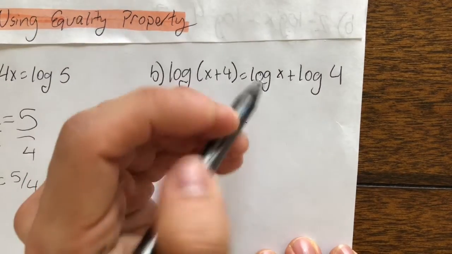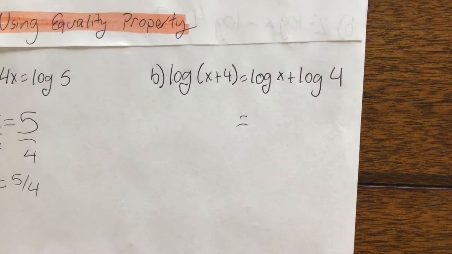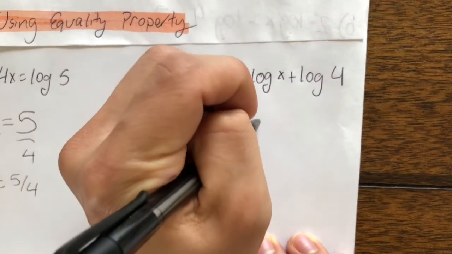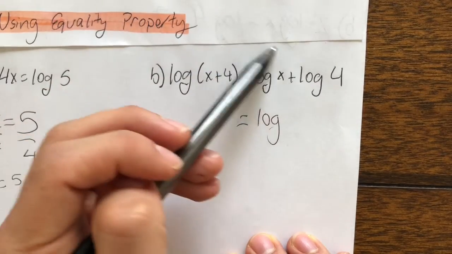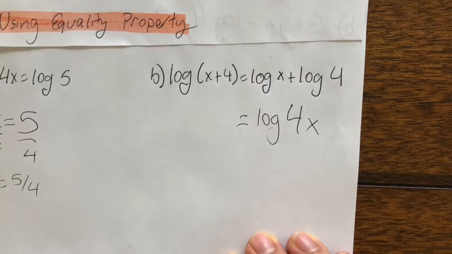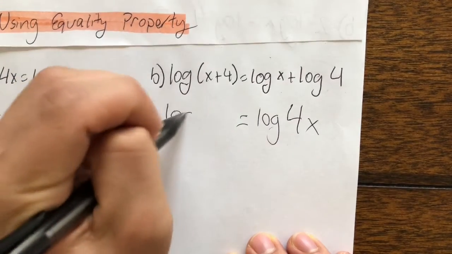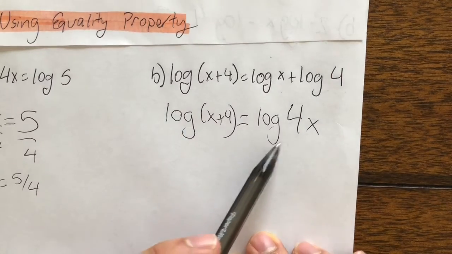So what property could I use to condense these 2 logs? If you guys said product property, then you're absolutely right. So what I can do is rewrite it as log of x times 4, which is 4x.